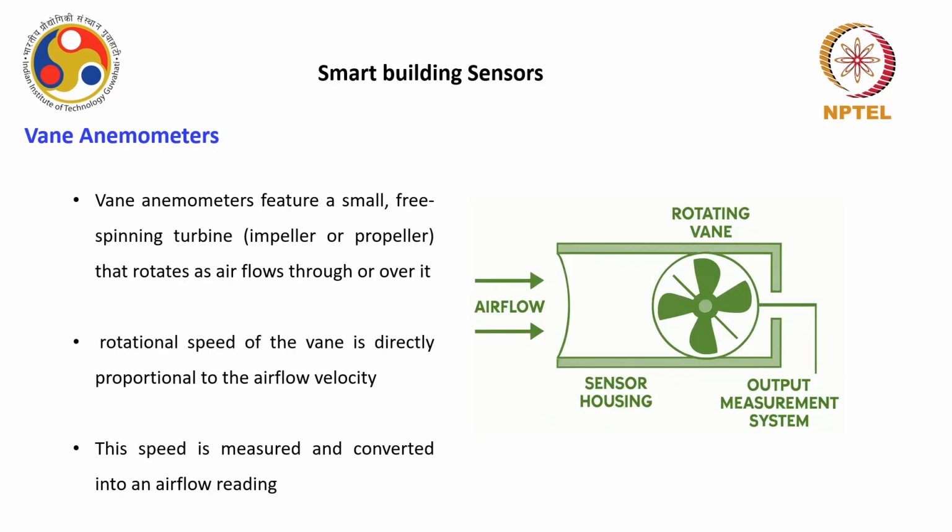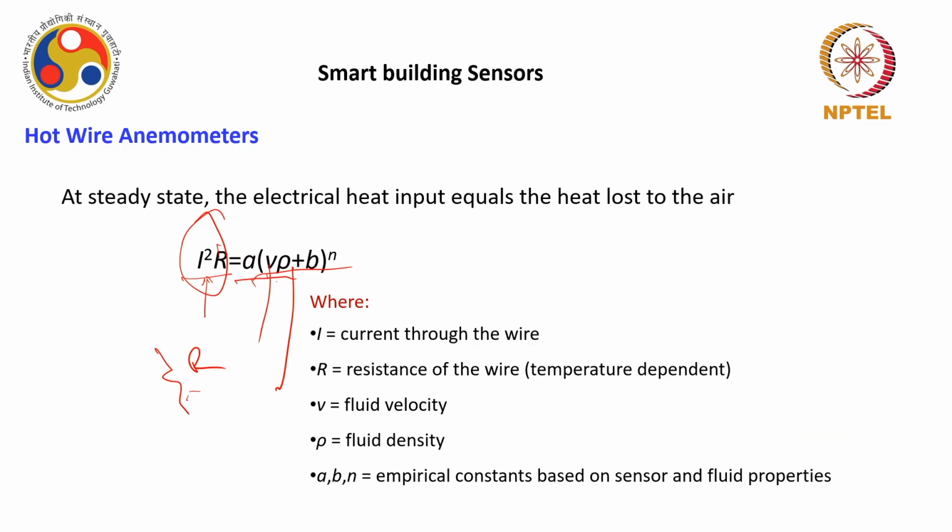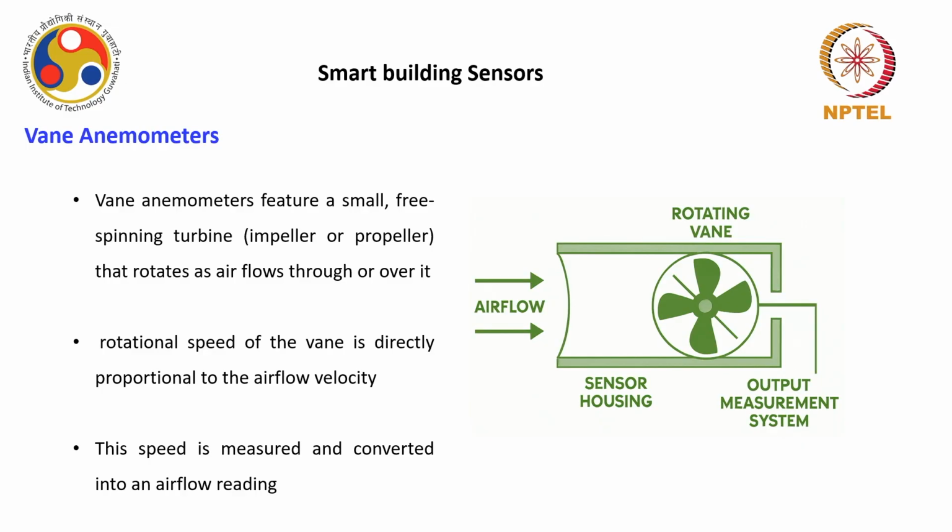So, this is the most important type of anemometer, but there are other kinds of anemometers also, like the vane anemometer. Vane anemometers feature a small free spinning turbine, something like this. It rotates as air flows over it.